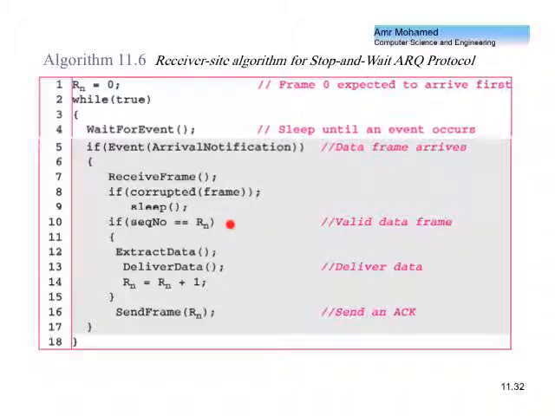Right? That's why here I have to check for the sequence, because, as you have just said, it might happen that I receive frames in an order that I'm not expecting. And that can happen either because of the scenario that you just said, that I send the acknowledgement and the acknowledgement gets lost, or I send the acknowledgement and before the acknowledgement arrives, a timeout happens, which means that I will send the same frame again.